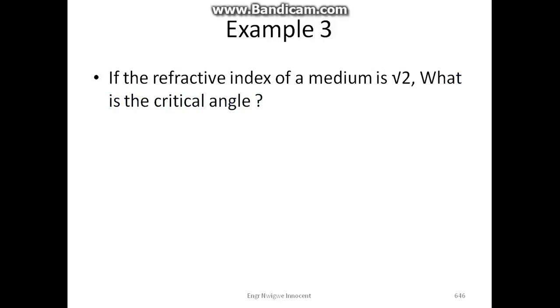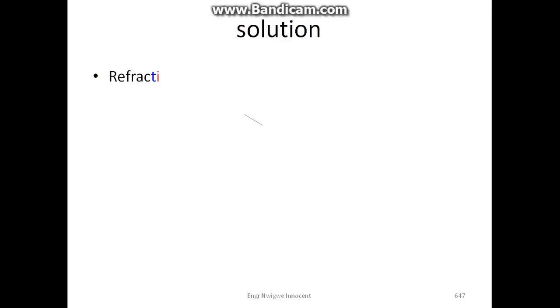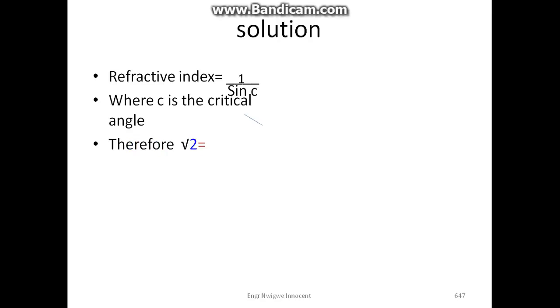Example 3. If the refractive index of a medium is square root of 2, what is the critical angle? Solution: refractive index n is equal to 1 over sin c, where c is the critical angle. Therefore, square root of 2 is equal to 1 over sin c.